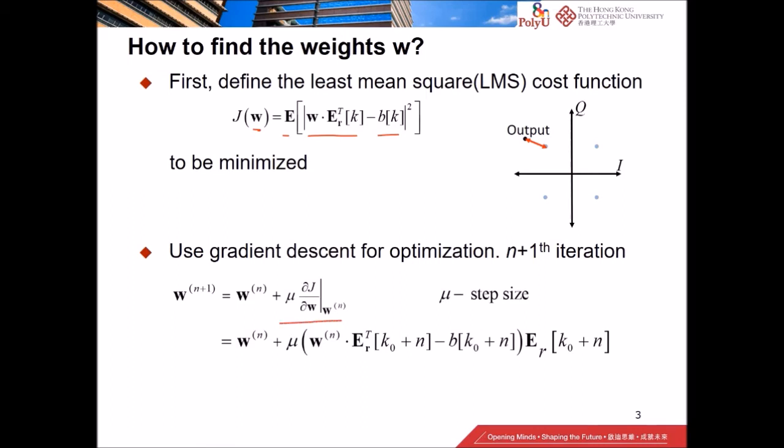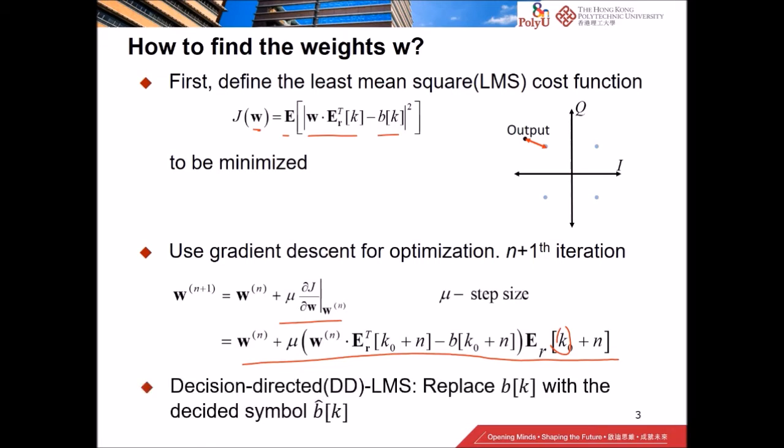For each iteration, you go in the direction of the gradient of the cost function. If you put in all the algebra, this is what we call the update equation, if you start at the n+1 iteration, starting at the k0 time slot.